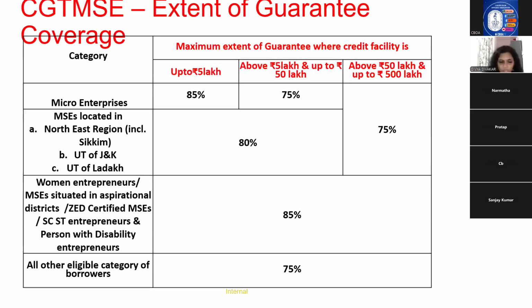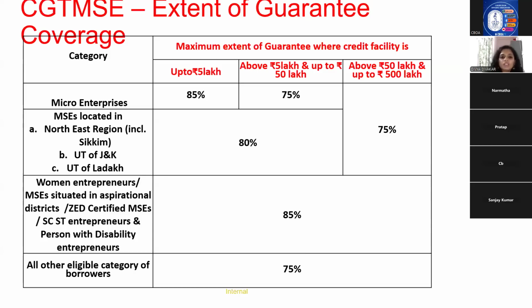The category of people who need the maximum support from society are the ones given the maximum: women entrepreneurs, MSEs situated in the aspirational districts, then certified MSEs, then SC/ST entrepreneurs, people with disability entrepreneurs, and micro enterprise up to 5 lakh, 85%.